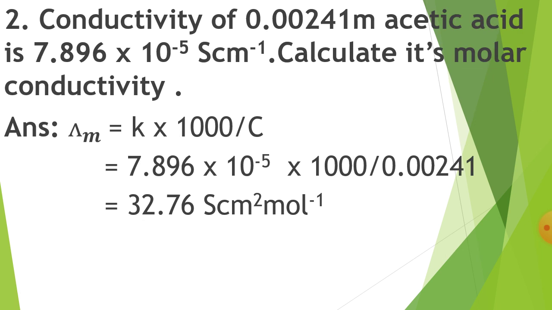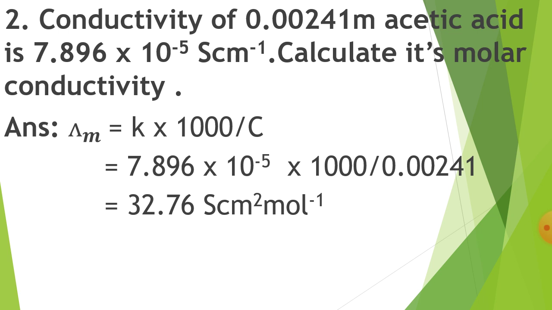Now question number second, conductivity of 0.0241 capital M acetic acid is 7.896 into 10 to the power minus 5 Siemens centimeter inverse. So calculate its molar conductivity.